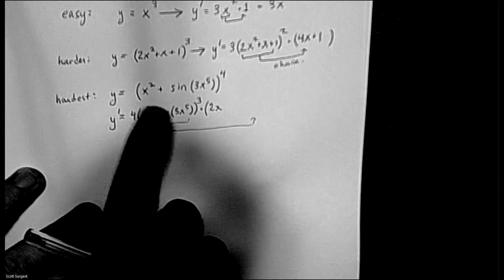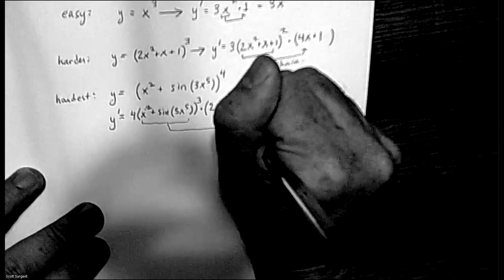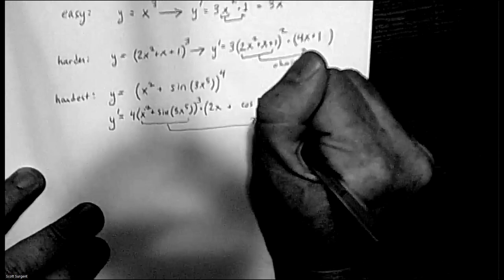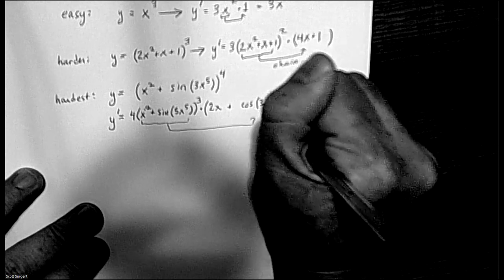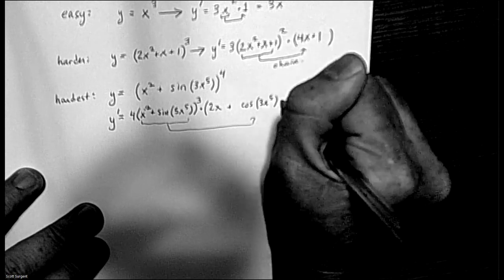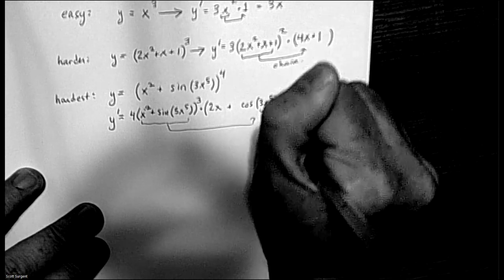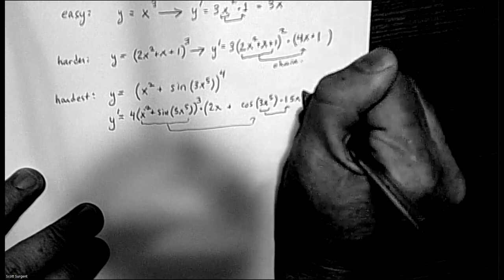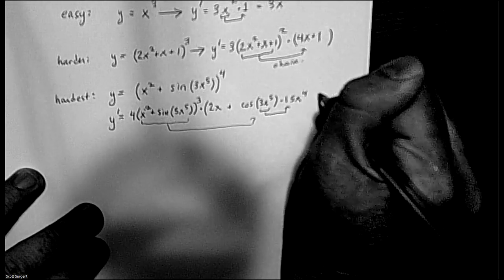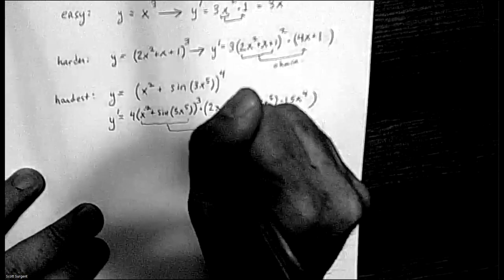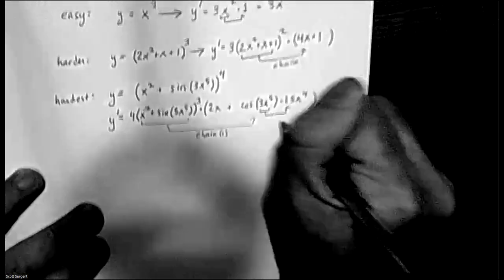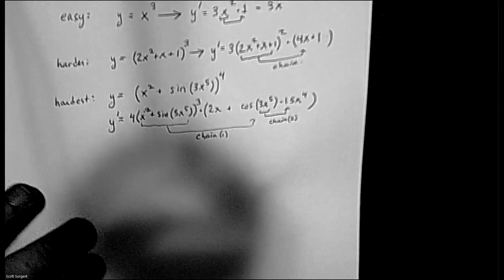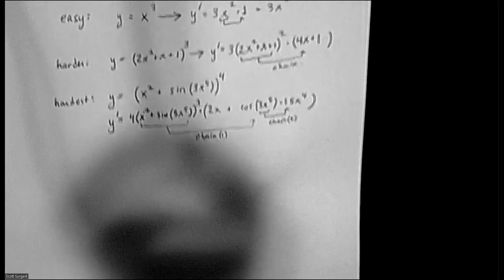Now this gets fun. The derivative of sine is cosine. And then I have to just leave the argument as it is, 3x to the 5. And then now we've got another chain rule. This is going to be 15x to the 4. So this one had a chain rule, I'll call it chain 1, and this one had chain 2. And I'd leave that one alone. That looks good.